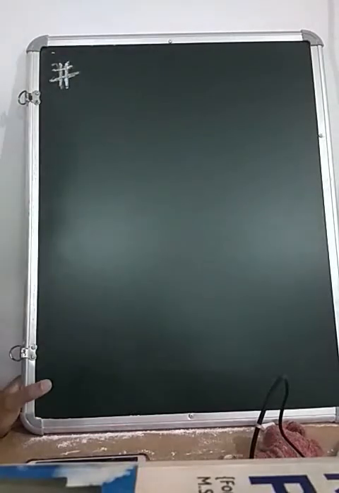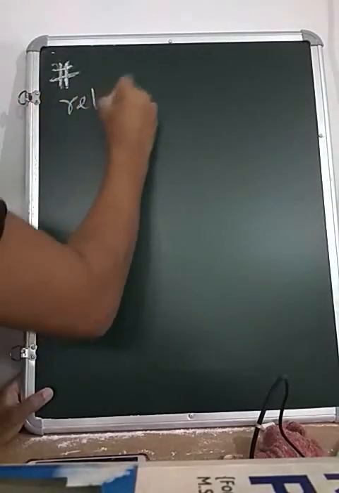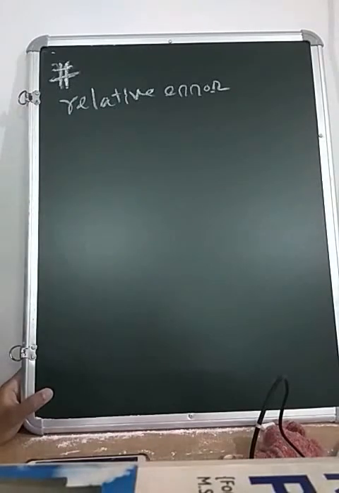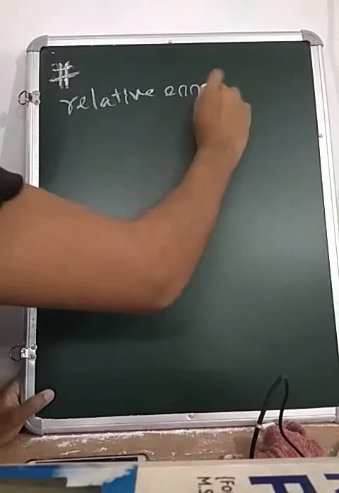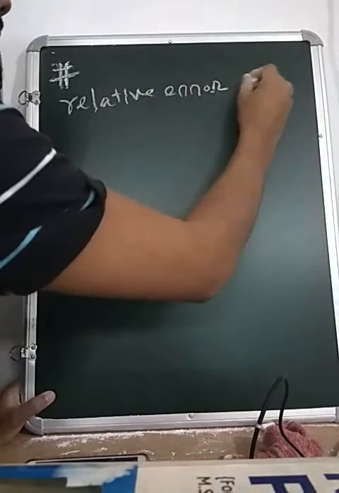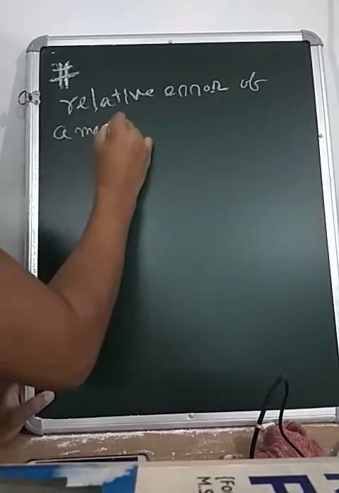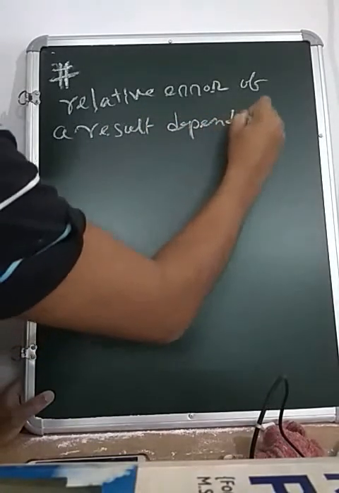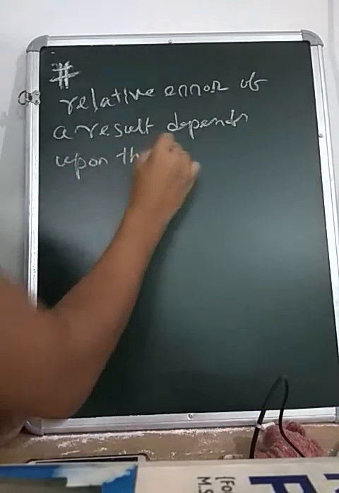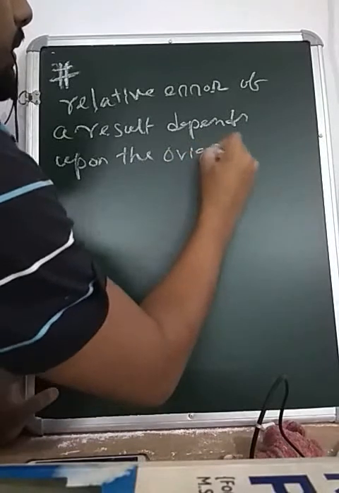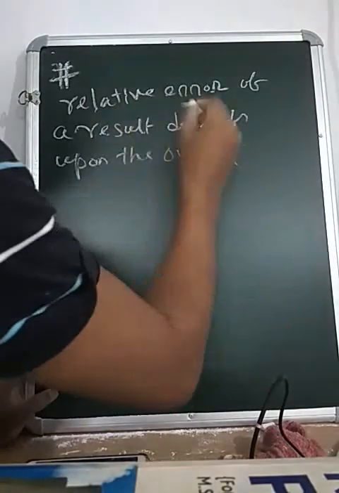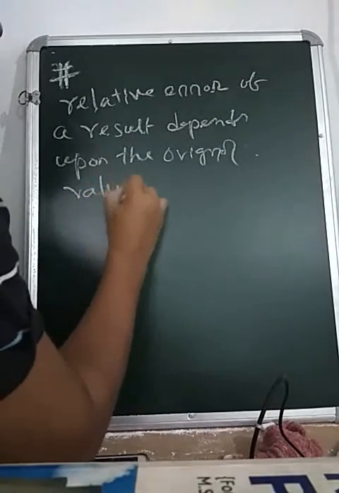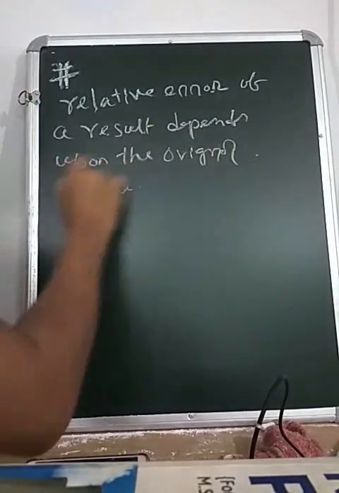What this says is that the relative error of a result depends upon the original number, the original value.